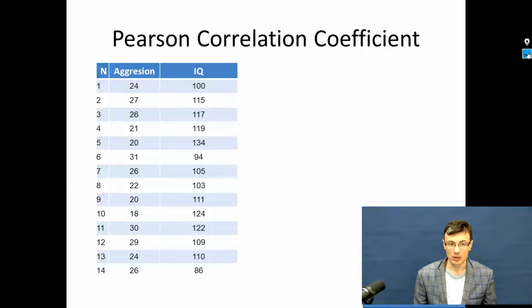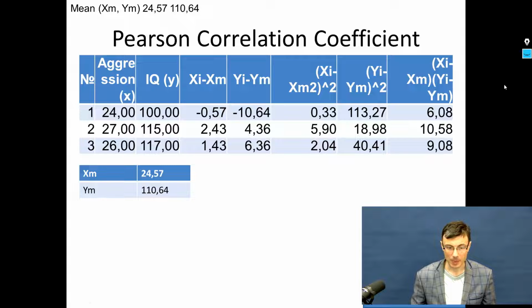So we have to make some calculations. I prefer to make it in Excel, but you can use SPSS or R or Statistica, any program you want. So that is an example.